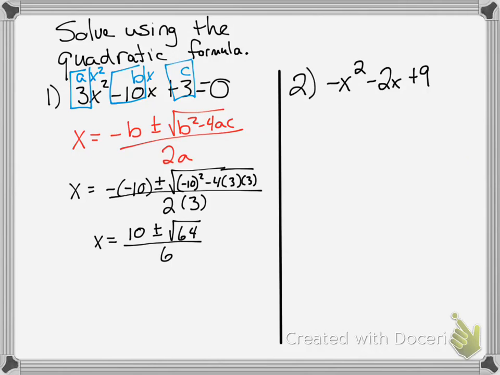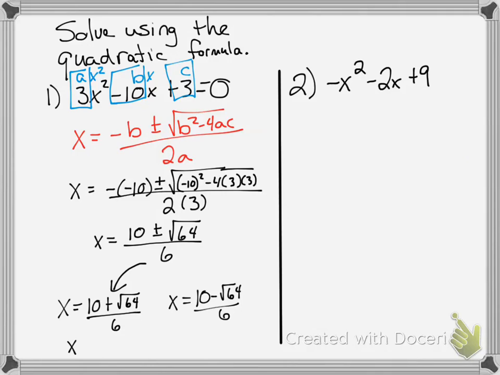Now this is the part where we really have to go our separate ways. So I'm going to start by going over here and I'm going to say x equals 10 plus the square root of 64 divided by 6. And we also have x equals 10 minus the square root of 64 divided by 6. Now I need to simplify each of these.